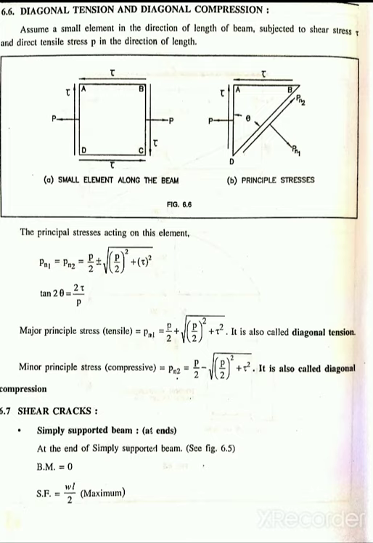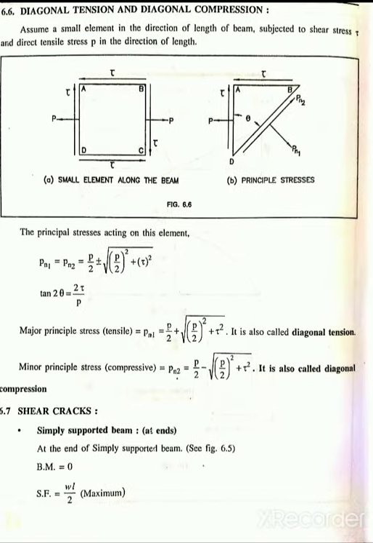Now shear cracks. For a simply supported beam, at the end of the beam, bending moment is equal to 0 and shear force is equal to WL by 2. Here the figure is given, shear crack in an RCC beam. The small element is shown in the figure.